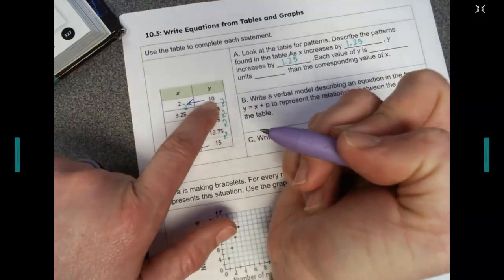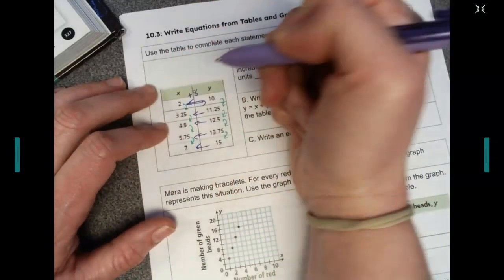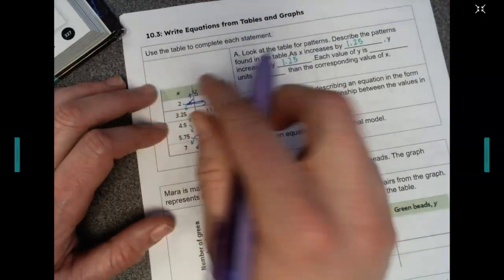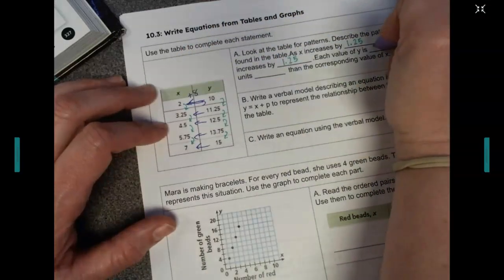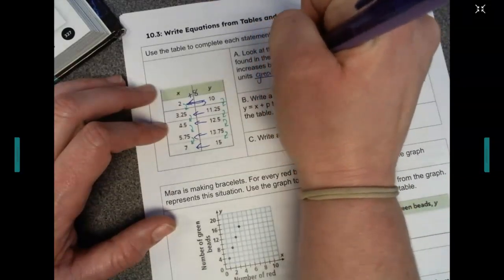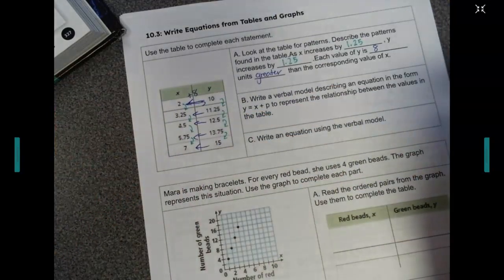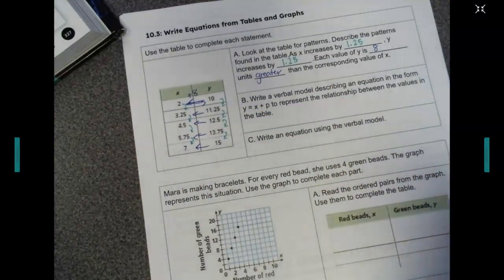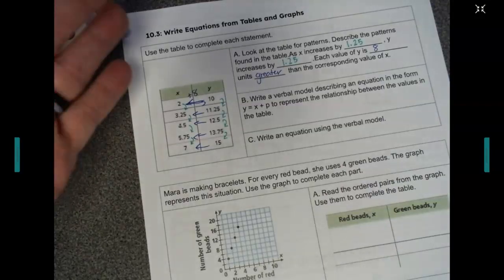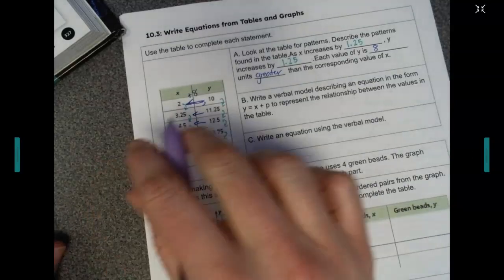If I look at that, to go back and forth here, it's 8. So there's 8 difference here. Each value of y is 8 units greater than the corresponding x value. So 2 plus 8 is 10, 3.25 plus 8 is 11.25. So it's doing the same thing. We have to have the same relationship going from the x to the y.